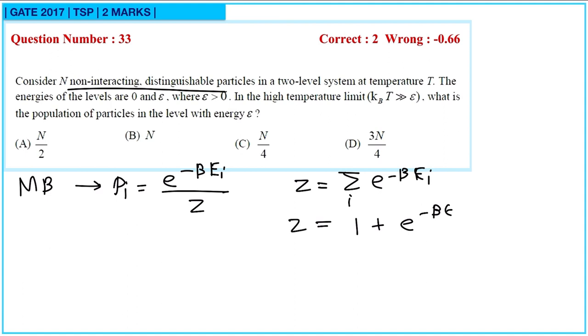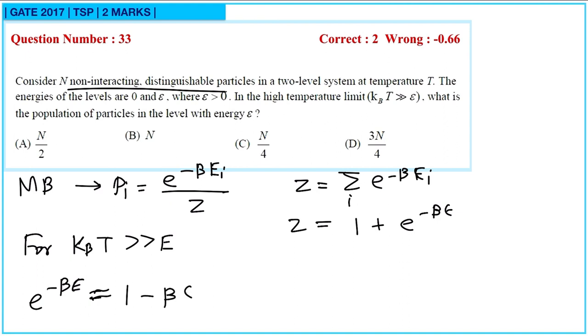This is Z. Now in the question it is given that kBT is much greater than E. So here beta E, that is E upon kBT, will be much smaller than 1. So we can write e raised to minus beta E is nearly equal to 1 minus beta E, using the exponential series, because this value is very small, higher terms can be neglected.